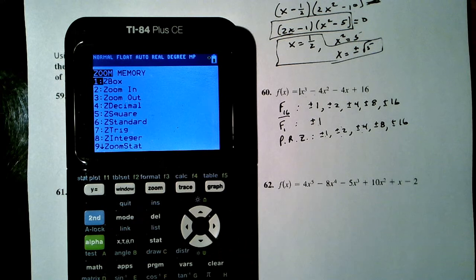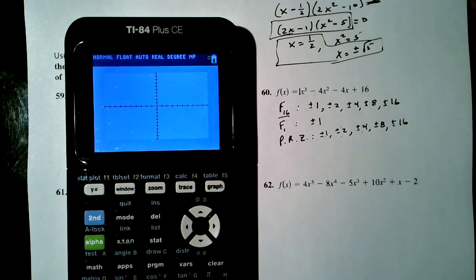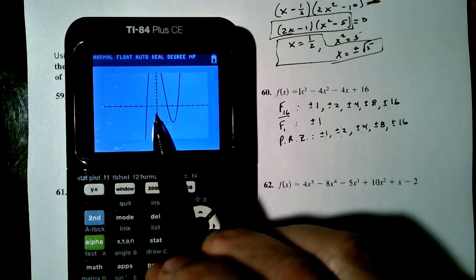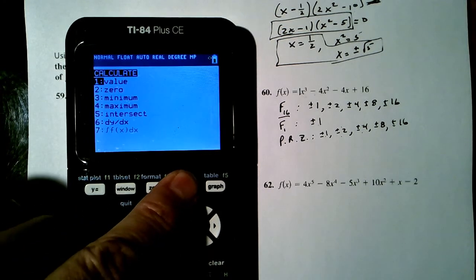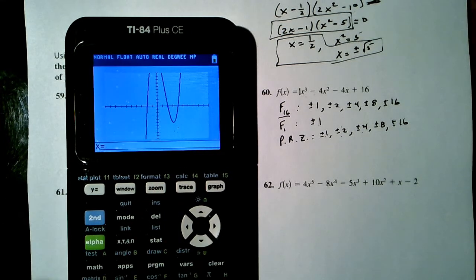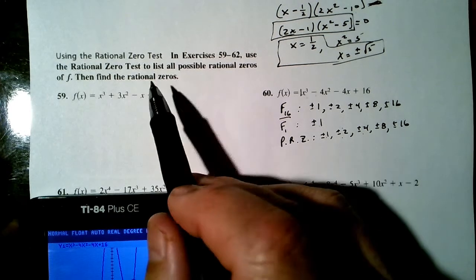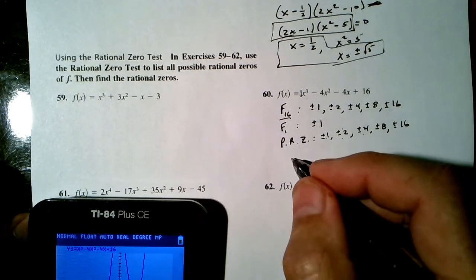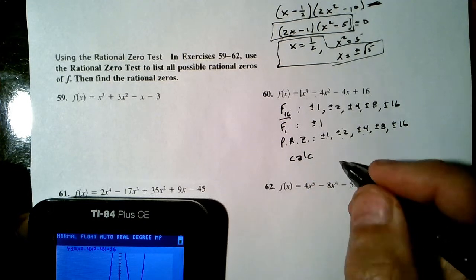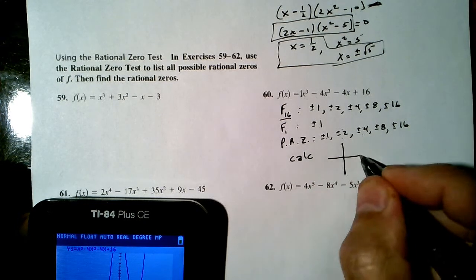Let's go zoom 6, and let's see if we've got some zeros that look like they might coincide to these. Looks like negative 2, 2, and 4. Second calc value, let's see, negative 2 is a 0, 2 is a 0, 4 is a 0. So list all the possible rational zeros, then find the rational zeros, and I'm just going to say this was done with calculator, therefore we're going to graph it.